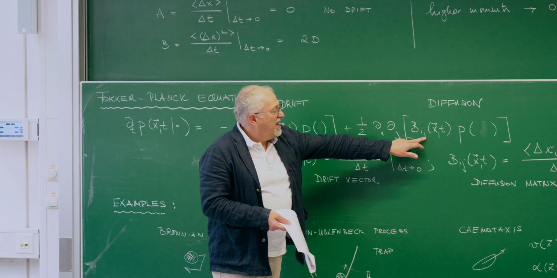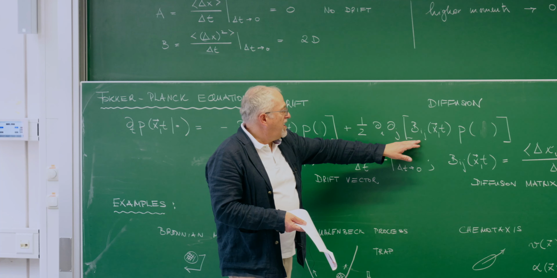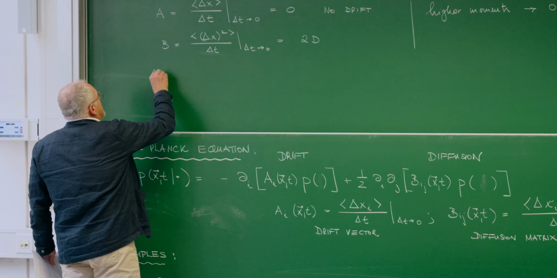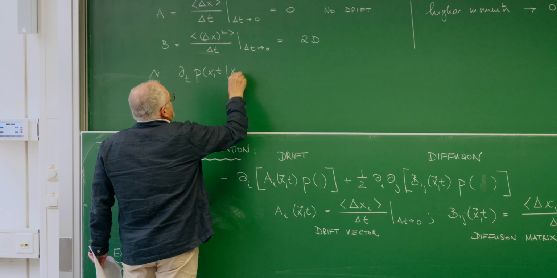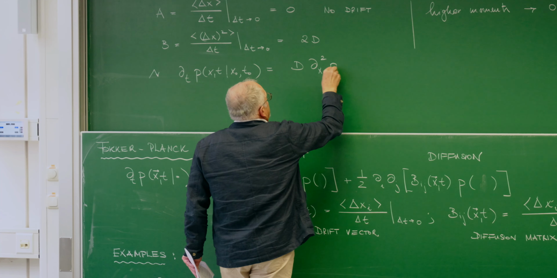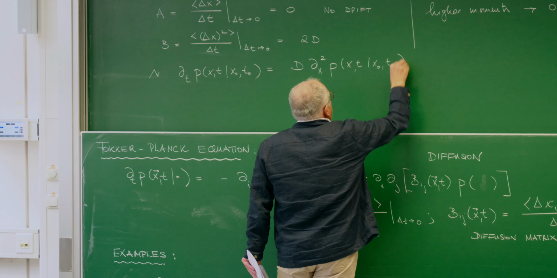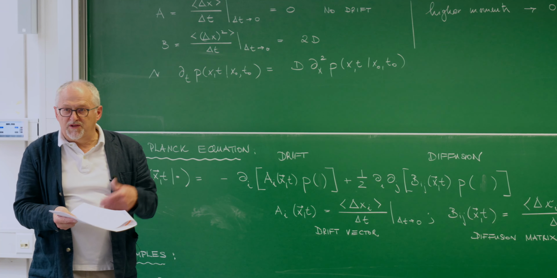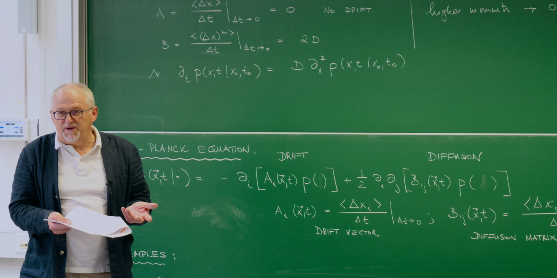And the second term, the B_ij, is 2D delta_ij, there's no higher component, so it's basically D. And that means now the corresponding Fokker-Planck equation is dt p = D dx squared p of x and t, x0 and t0. And that should be no surprise, because in the end we're describing something that's a random walk, and what we get out is the diffusion equation.